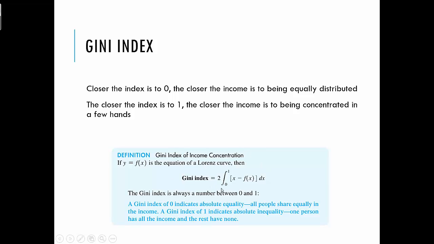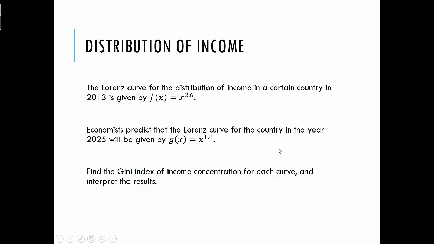So we have this formula that, as you can see, you're finding a definite integral and then multiplying it by 2. The closer the index is to 0, the closer the income is to being equally distributed. The closer the index is to 1, the closer the income is being concentrated in a few hands.